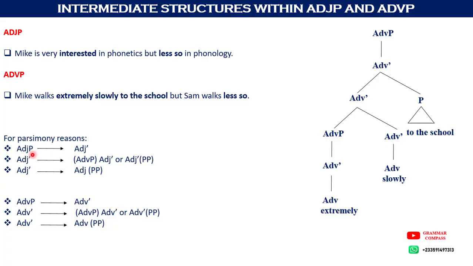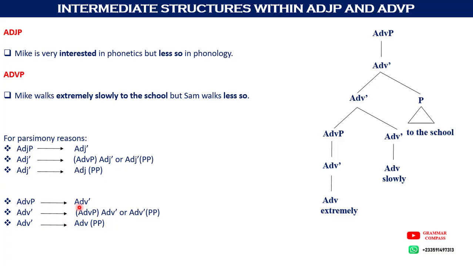Now for the adjective phrase, it moves to an AdjP bar. Then the AdjP bar, that is the intermediate category, can also be attached with optional adverb phrases as modifiers and optional prepositional phrases as qualifiers. And this AdjP bar moves to an Adj, that is the head, which is qualified by an optional prepositional phrase. We have the same rule for the adverb phrase.